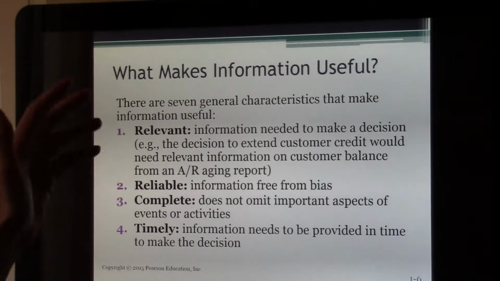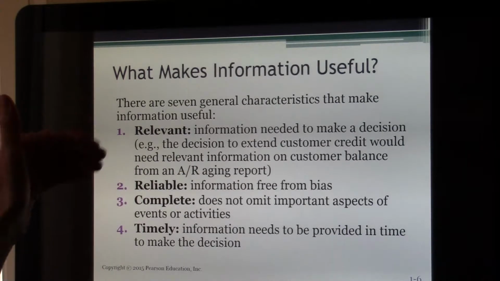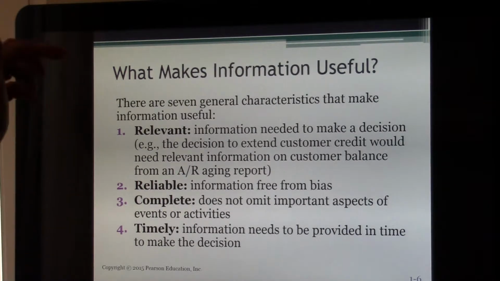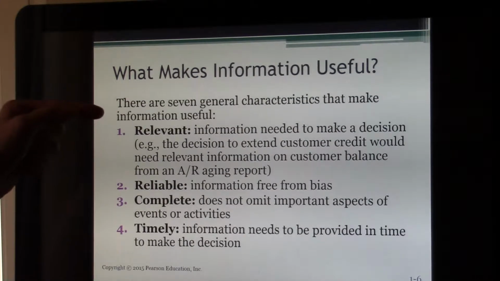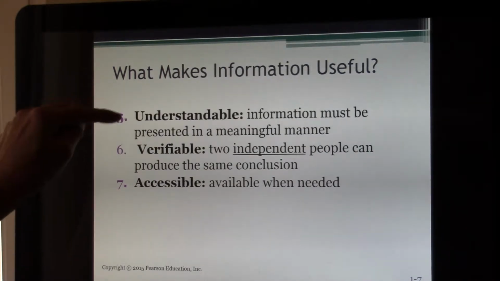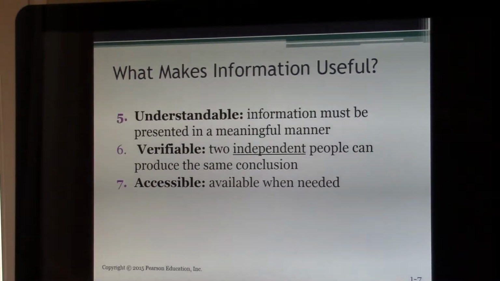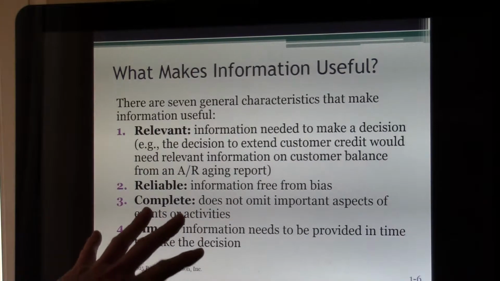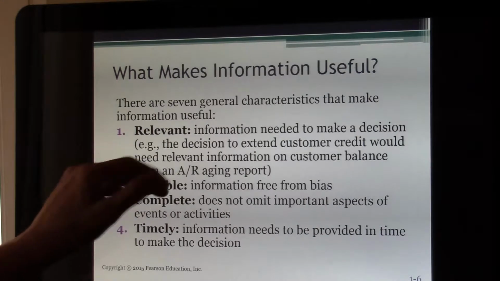And in order to have these qualities, right, we're going to have to set up controls in the system, right? So we want our information to be relevant, reliable, complete, timely, understandable, verifiable, and accessible, right? So these are the qualities our information has to have when it comes out.